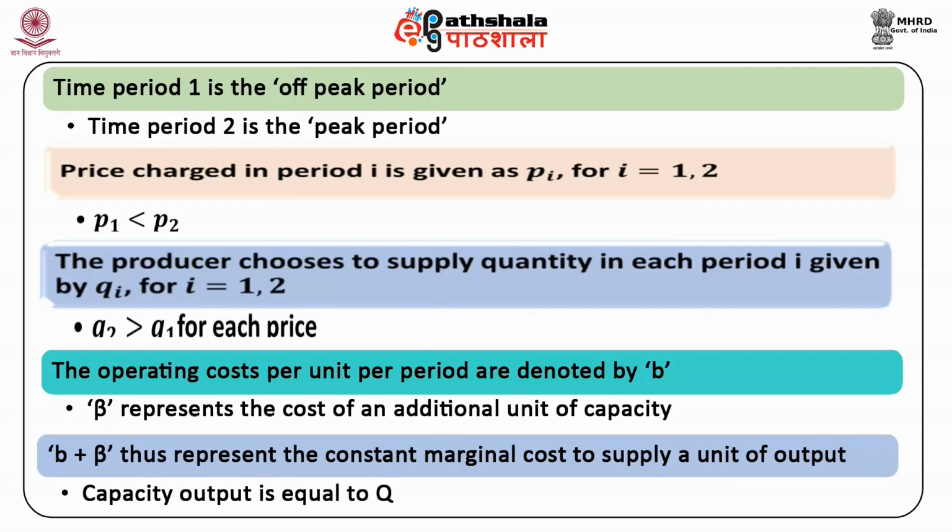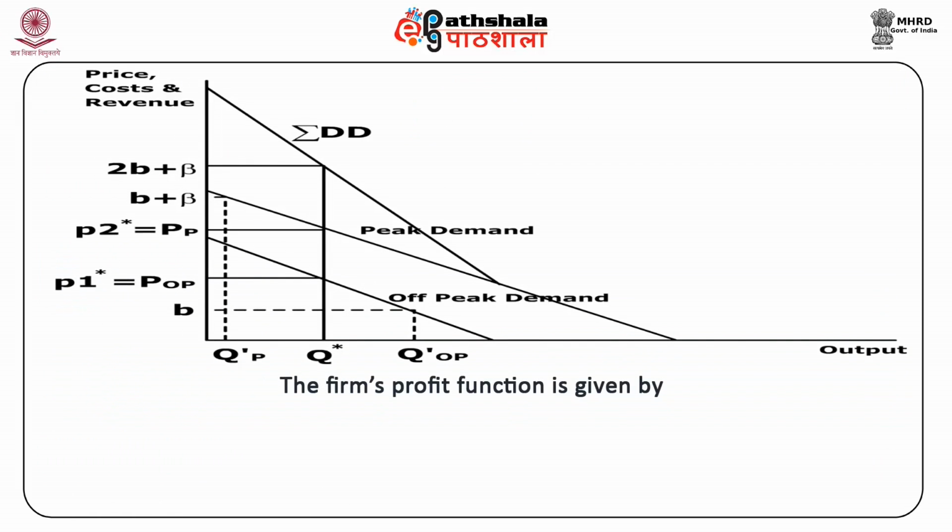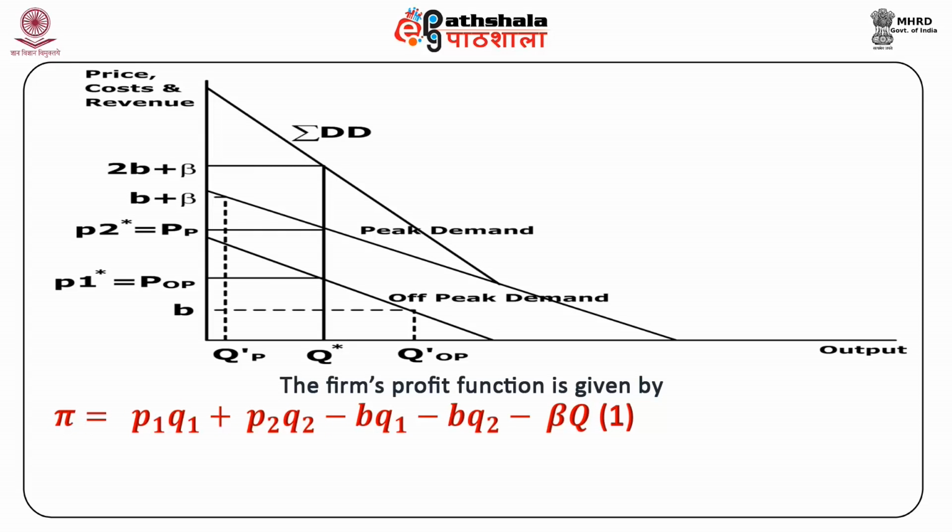Capacity output is equal to capital Q. The firm's profit function is given by P1 Q1 plus P2 Q2 minus b Q1 minus b Q2 minus beta Q. This is equation 1.